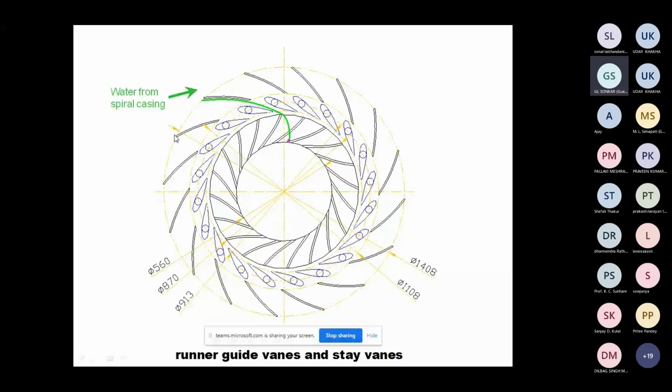Otherwise, with a somewhat different direction, these things create losses, and this gives you noises. If you are getting noises in a spiral casing, that means turbulence is there. Whatever energy you are getting is not utilized efficiently. So for that, your guide vanes and stay vanes should have a particular direction, and the design also depends on how safely and supportively the water available in the spiral casing is guided to the turbine runner.